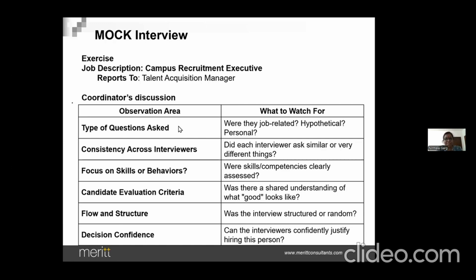Were the skills and competencies clearly assessed? No, not really. And when you asked him multiple questions in one question, pressure, challenges, this, which one will he answer? But what if you had planned? If you had a set of questions that would actually assess these skills and competencies.